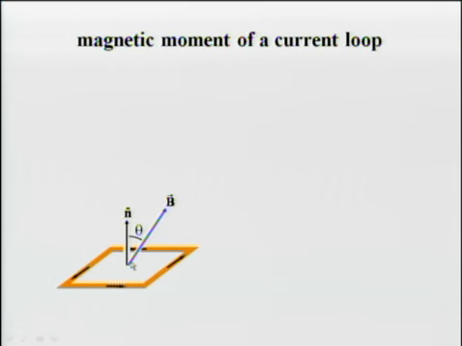I mark the orientation of the frame by the vector which is normal to the plane of that loop, and this normal vector makes angle theta with the magnetic field. For simplicity, let's imagine that both the magnetic field and this normal are in the plane of this drawing. So this side and this side are parallel to the plane of the drawing. Now this side and this side are perpendicular to the plane of the drawing.